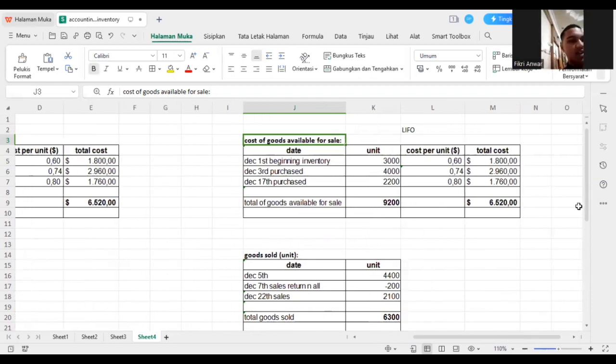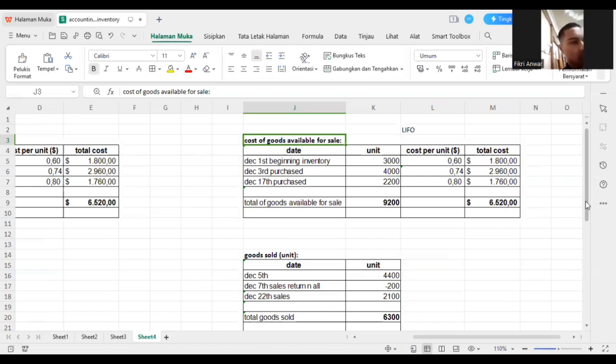On the 1st of December, in the beginning inventory, we have 3,000 units, and for cost per unit, we have $60. 60 times 3,000, we have 1,800. The next one is the 3rd of December purchase of 4,000 units, and for cost per unit, we have $74. 74 times 4,000, we have 2,960.